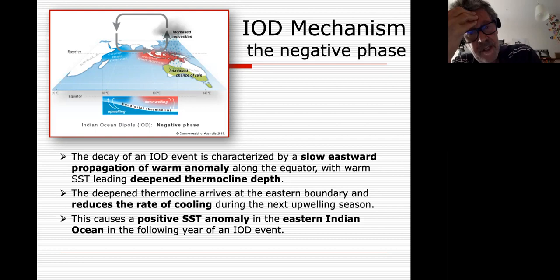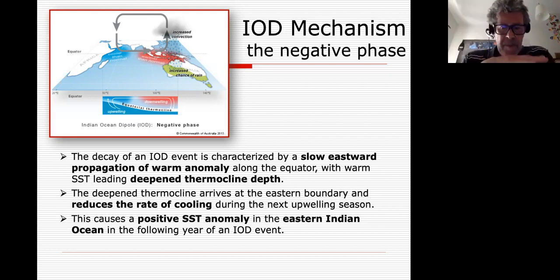When this deepening reaches the eastern side, you have a deepening of the equatorial thermocline that induces a reduction of the upwelling and reduces the rate of cooling. And this obviously changes the conditions of energy transfer in the atmosphere.